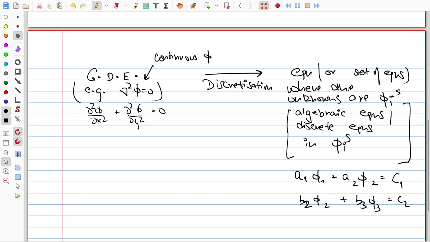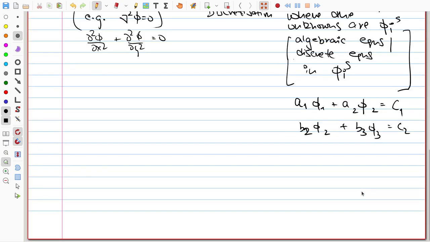Right. So let's now quickly jump into the process of discretization. The differential equation that we had written in the previous lectures had derivatives up to the order of 2.